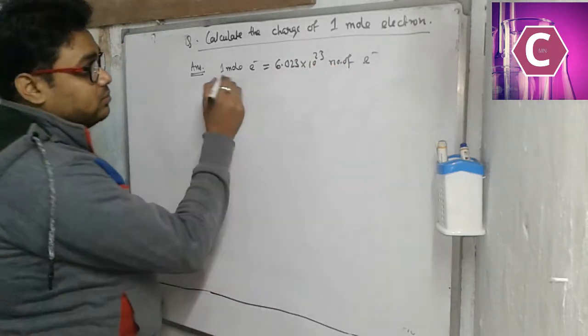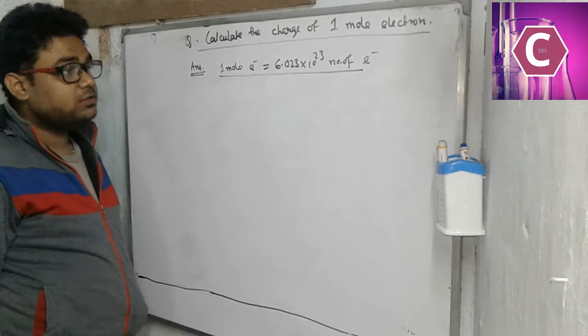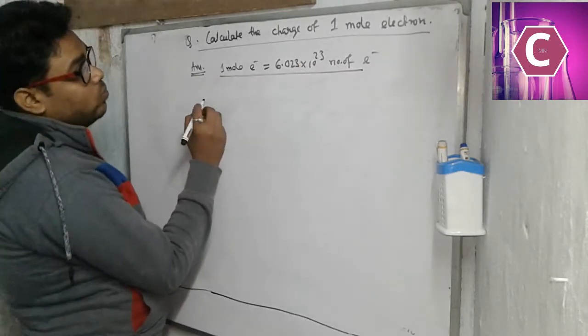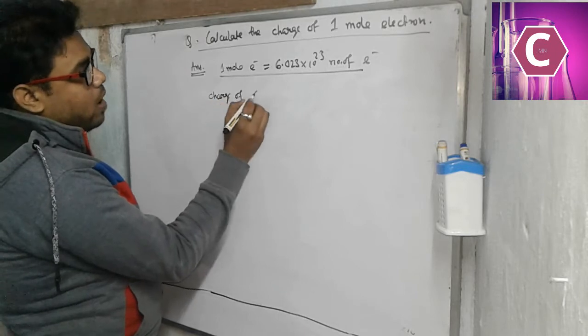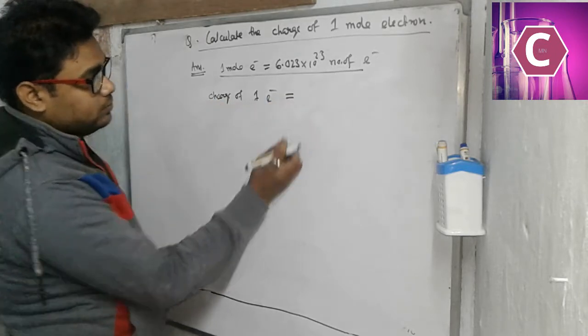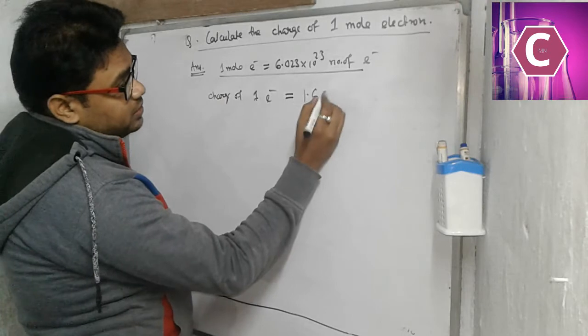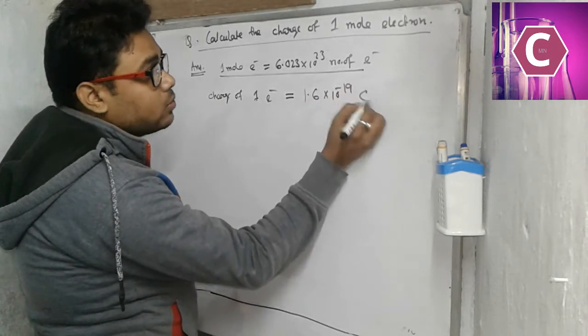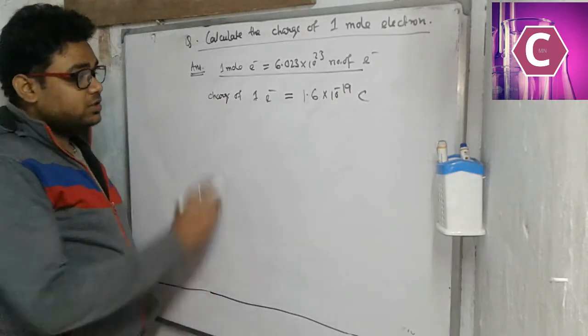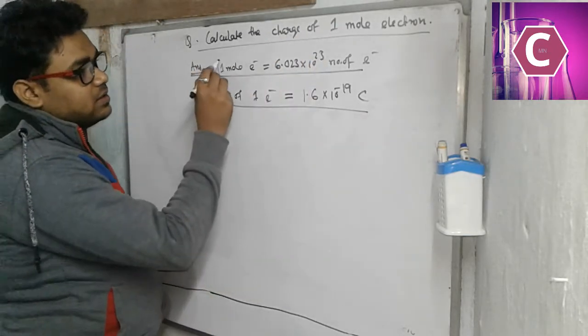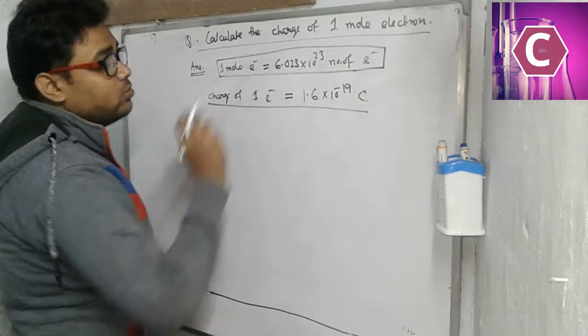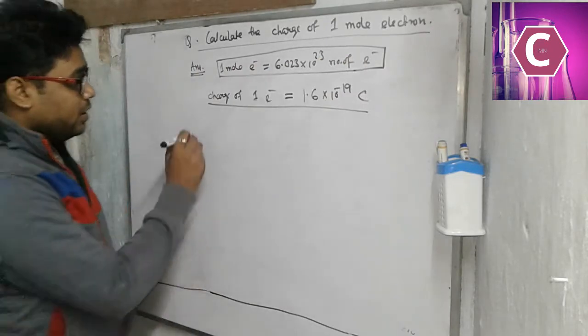This is the basic relation or basic formula. Again, we know the charge of 1 electron equals 1.6 into 10 to the power minus 19 coulomb. So this is the charge of 1 electron, and in 1 mole electron there is 6.023 into 10 to the power 23 numbers of electrons.